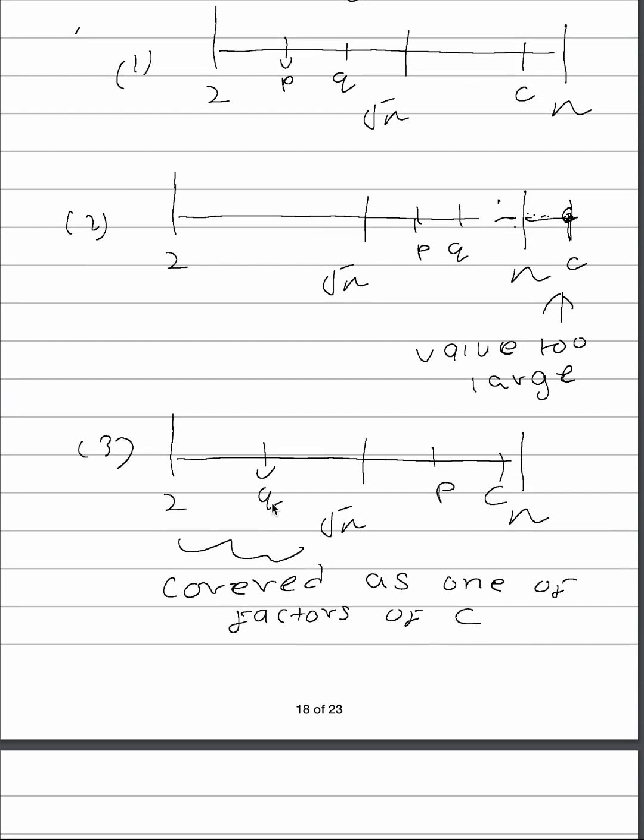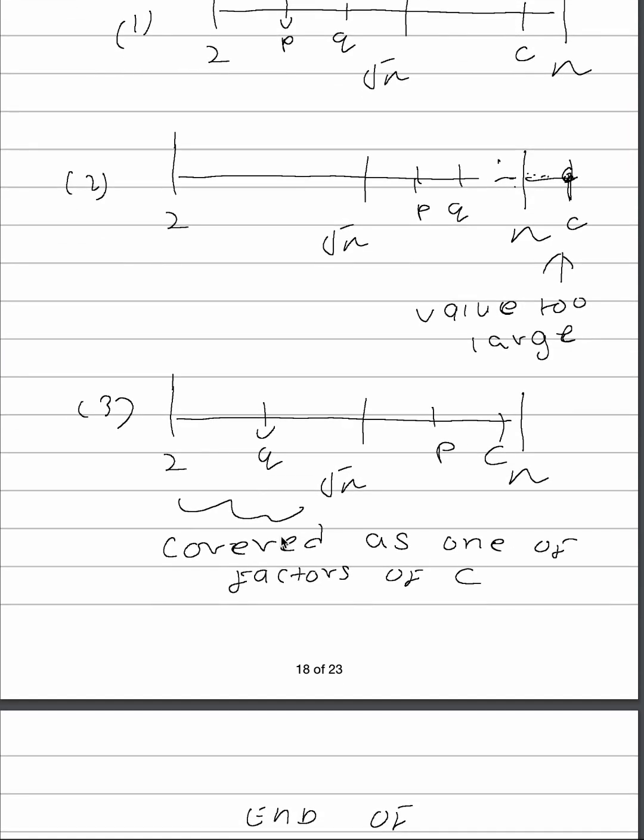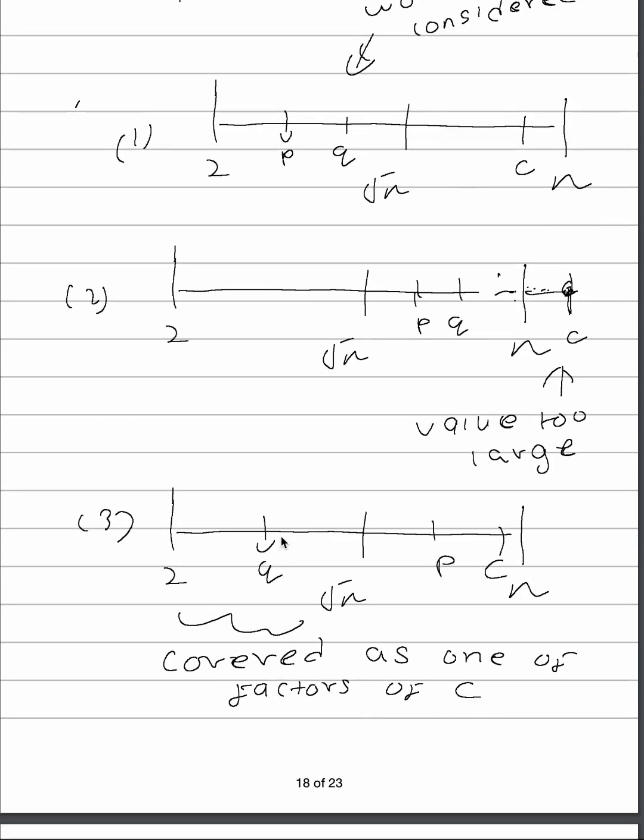Now, getting here, we know that the number p must be a prime number. The reason for that is if p was a composite number, then we could go through the same operation and split it and have one of its factors be below the square root of n. If that did happen, that means that p would also have gotten cancelled out.